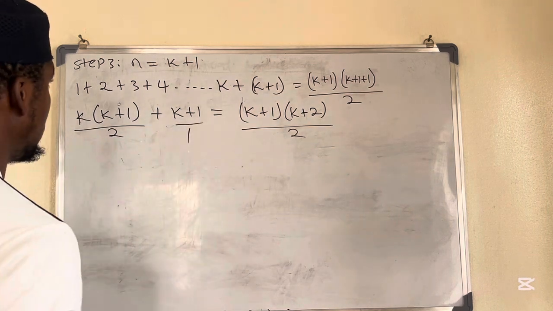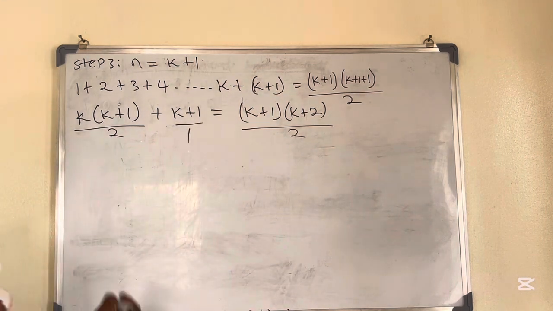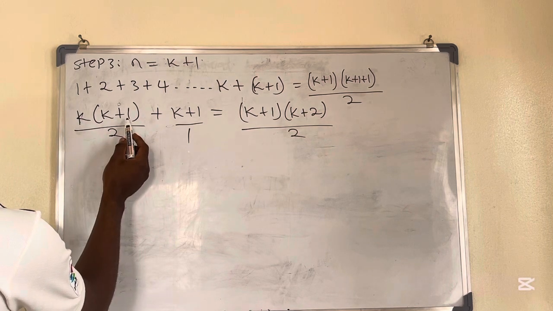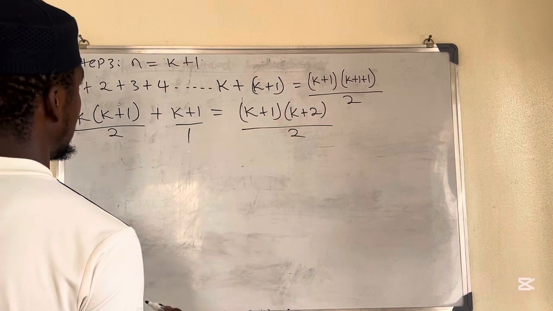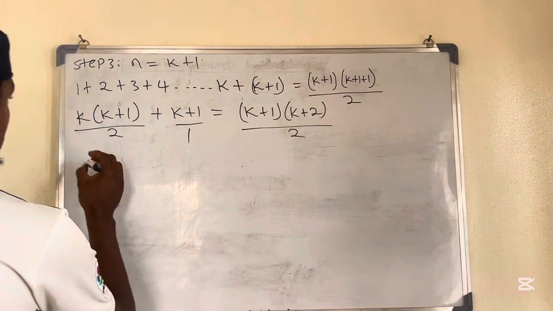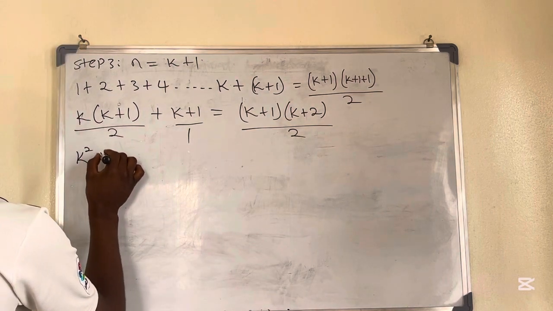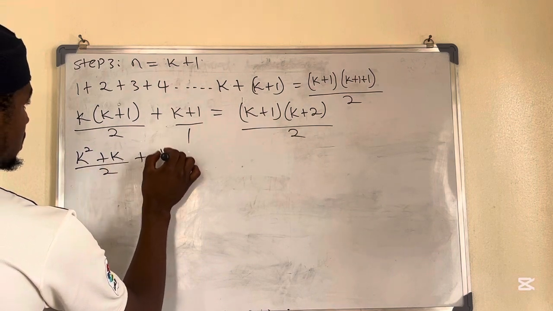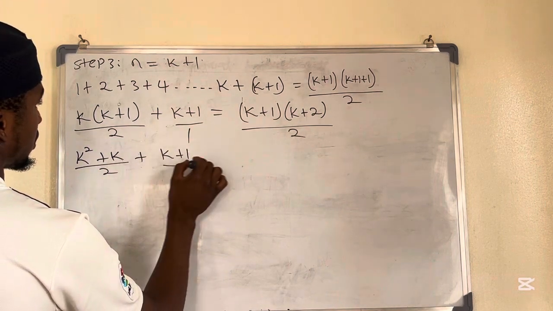Here we can look for the LCM, or first of all we can just multiply this k by everything here. Then at the end of the day we still look for our LCM. So we have k squared plus k all over 2 plus k plus 1 all over 1.